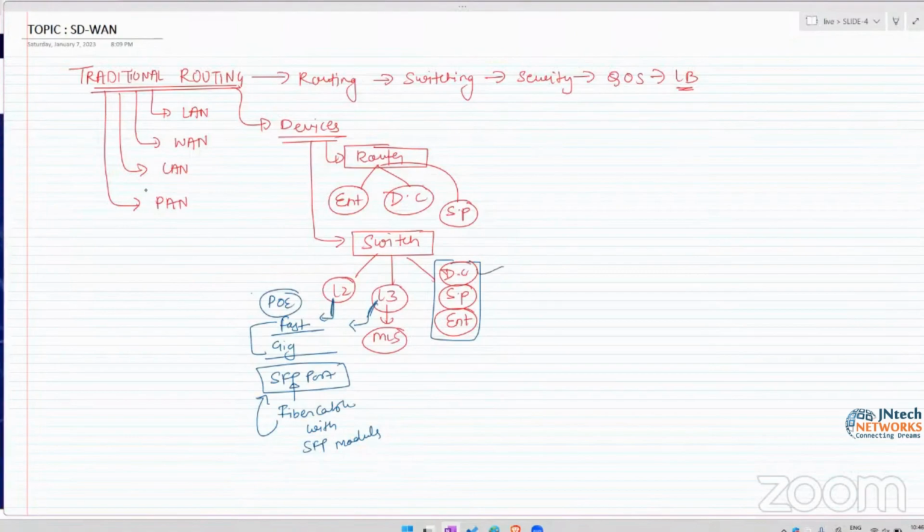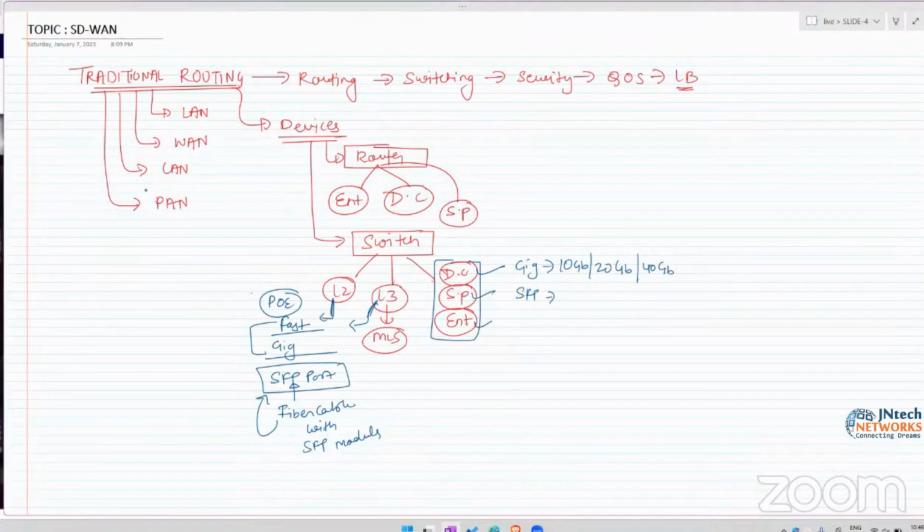But in data center, service provider, and enterprise switches, we get gig ports with speeds of 10 GB, 20 GB, up to 40 GB. And we also get SFP ports, not limited. In layer 2 and layer 3, we get a limited number.